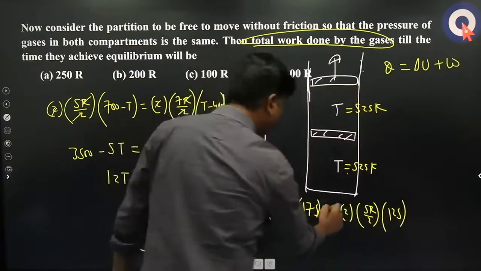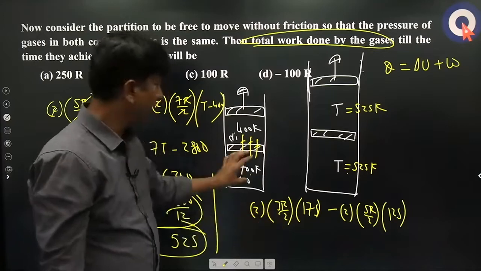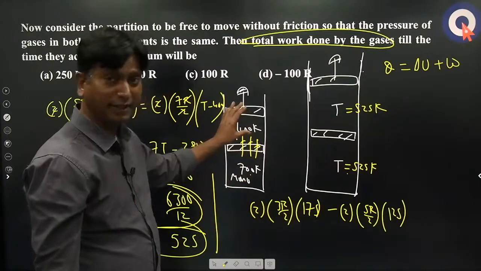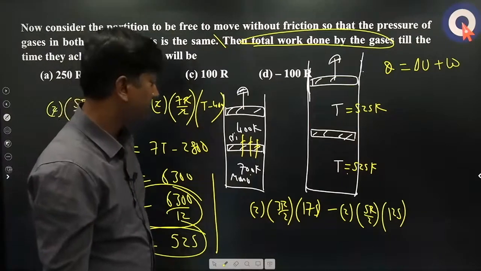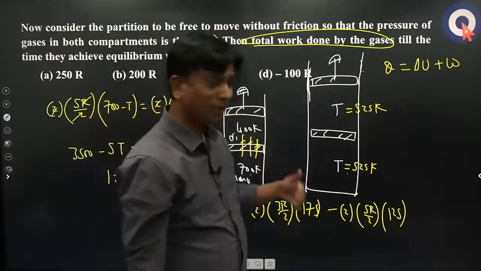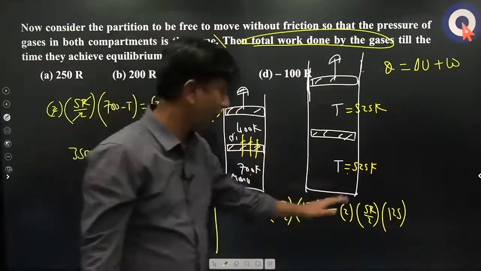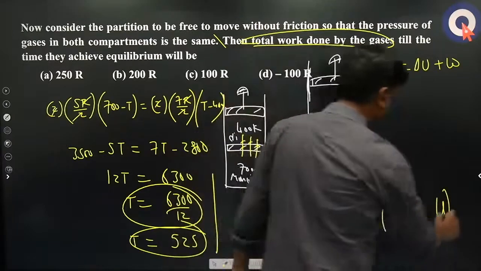So this you are subtracting, because this is losing the internal energy, and this is gaining the internal energy, plus some work is also being done. So net loss of internal energy, because one is losing, the other one is gaining. That net loss is only the work done by the two gases.